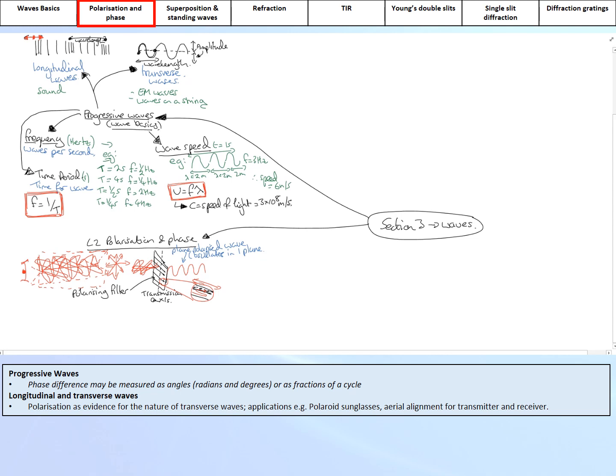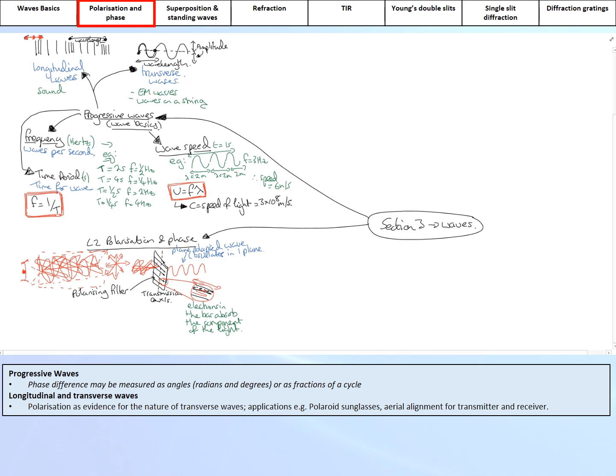This is a little bit more depth than you actually need to know. Electrons in the bar absorb the component of the light, leaving only the vertical bit going through, because the electrons in the bar can't move up and down. They're trapped to go left and right in the bar.